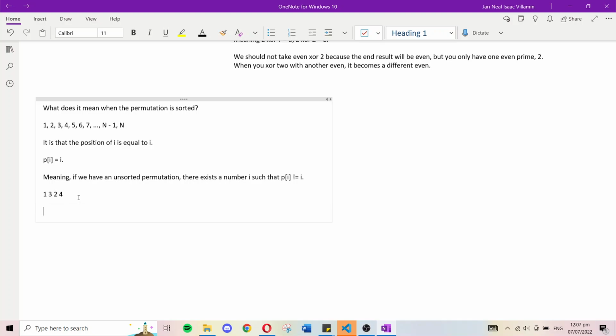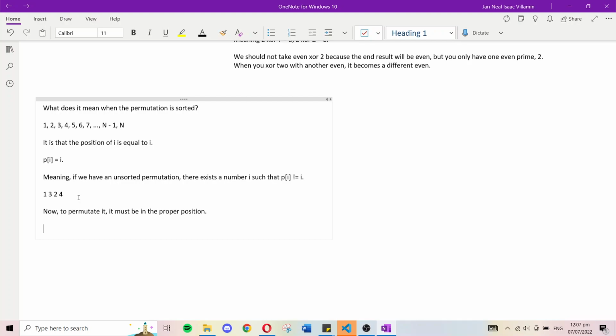So that doesn't satisfy. Okay, now to sort it, it must be in the proper position.